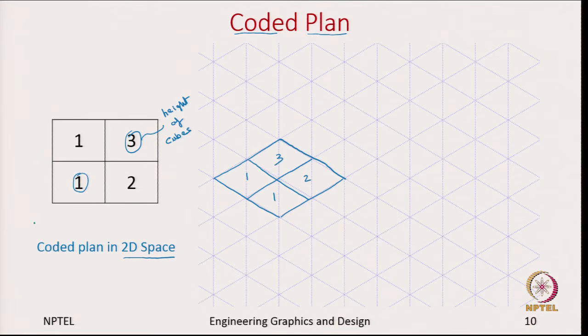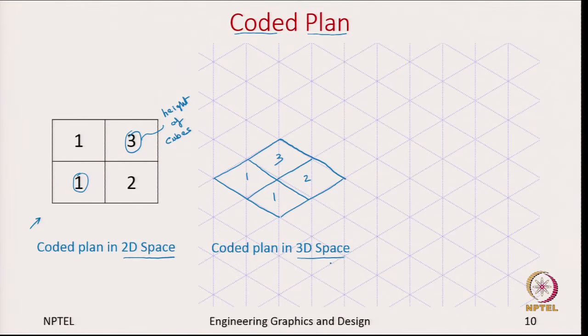Here I am assuming that I am looking at this coded plan from this direction. So, the cube closest to me has height of 1 and to the right I have height of 2 and to the left I have height of 1. So, this is how it looks on a coded plan. So, this we call coded plan in 3D space.